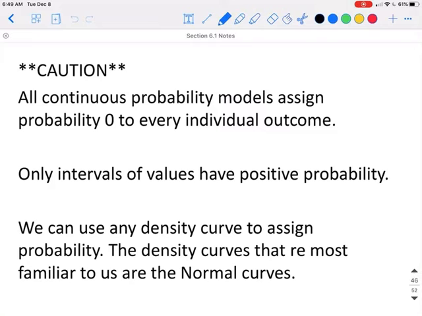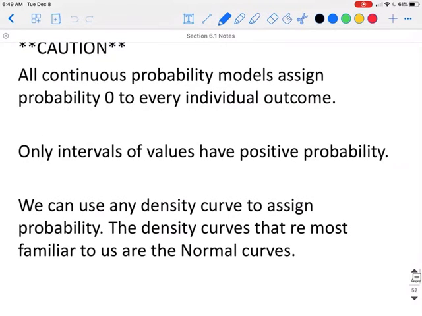So you need to be cautious. All continuous probability models assign probability 0 to every individual outcome. Only intervals of values have positive probabilities. We can use any density curve to assign probability. The density curves that are most familiar to us are the normal curves.